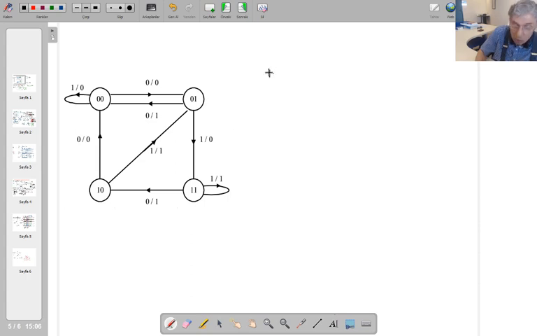So the name is time diagram. At the end, we will see the difference between the Mealy machine and Moore machine in terms of time diagram, and the problems that we are going to face in Mealy machine are going to be seen in this example.